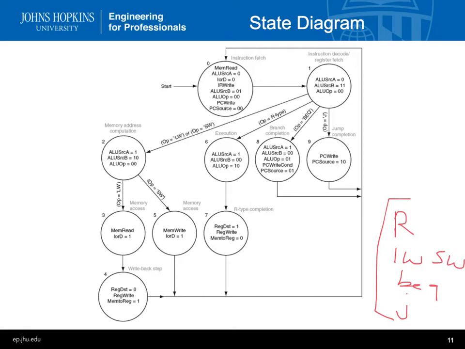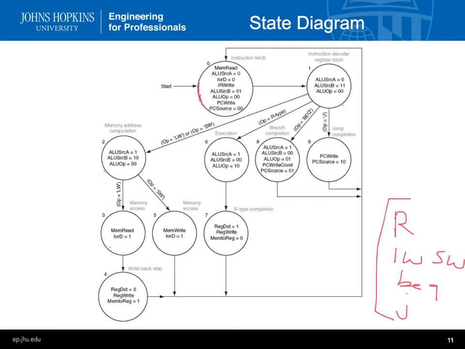And so each time we read an instruction, we're going to turn that into a number of micro instructions, and each micro instruction is going to be represented as one of these states. And so each state here is a micro instruction with its own set of control signals, and it's going to go through the data path in one cycle. So we fetch an instruction, and here's the control signals associated with fetching an instruction.